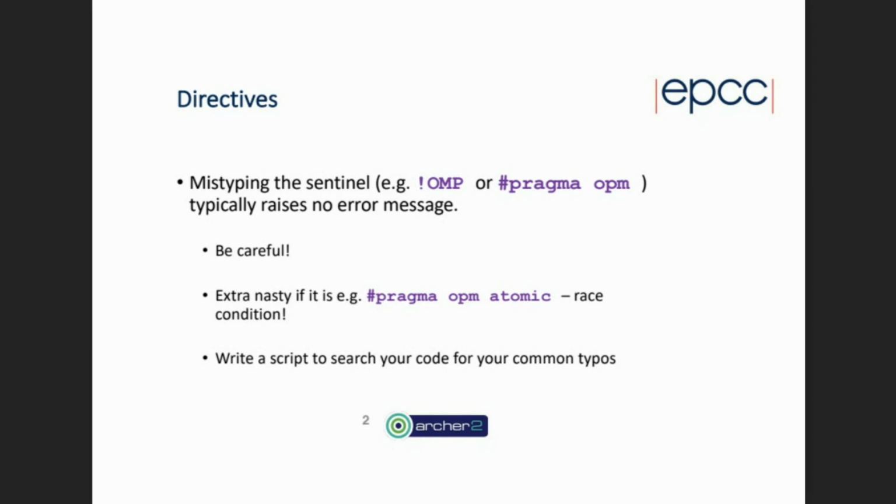But on the other hand, if it's atomic, for example, and that just gets ignored, then you could end up with an unintended race condition. If you know that you're prone to common typos, then it's maybe worth writing a little script that searches your code for them.